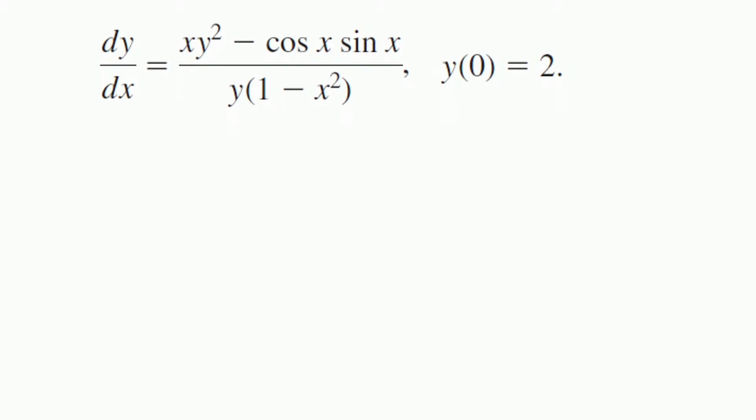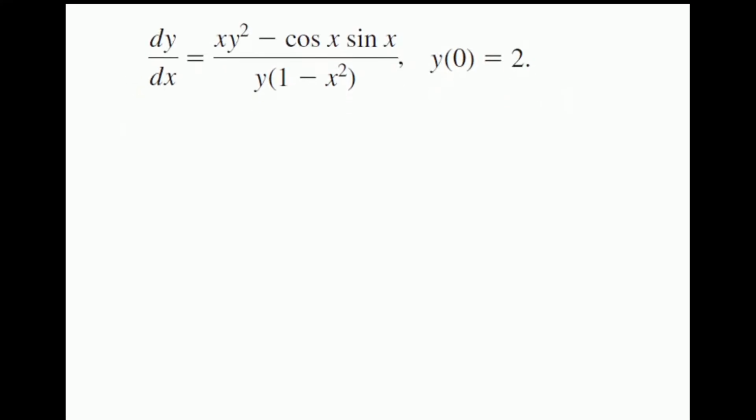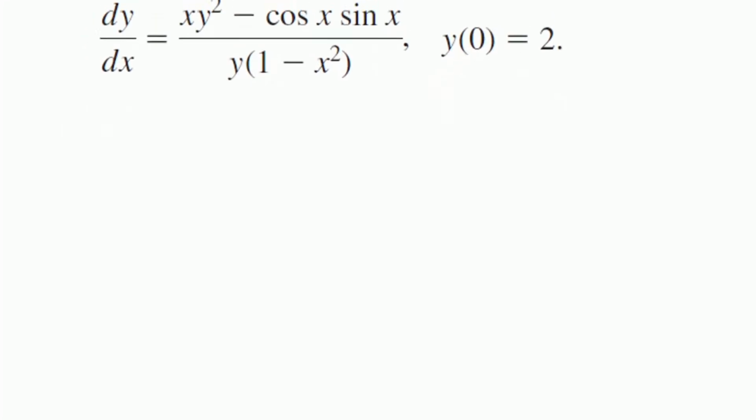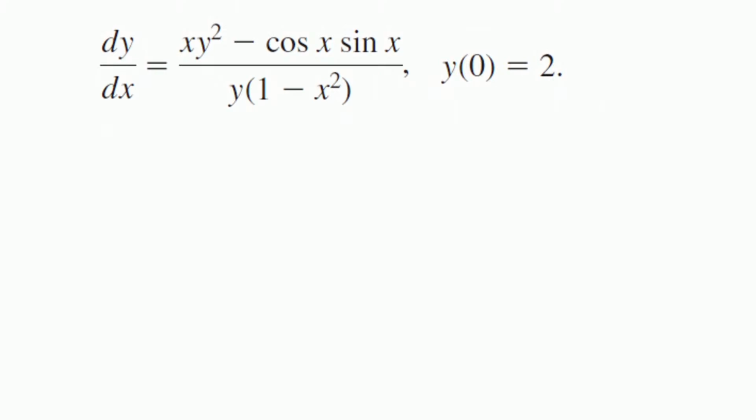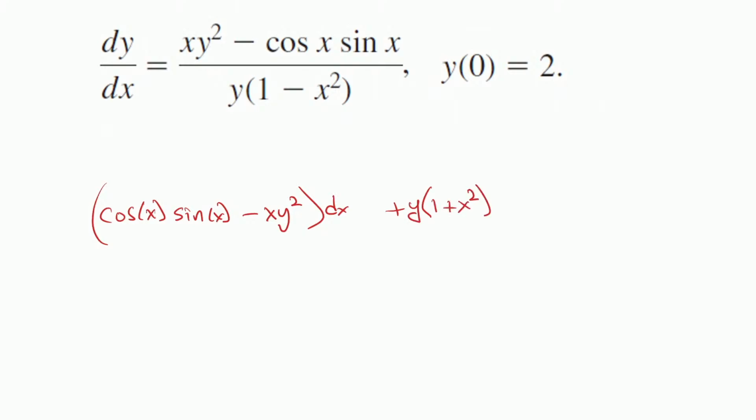I think we already did the rewriting, but I didn't copy that part. So let me just rewrite this. So we have, what was it? Cosine of x, sine of x, minus xy squared times dx. And then we have y times 1 plus x squared times dy. Okay, so I think that's where we were.